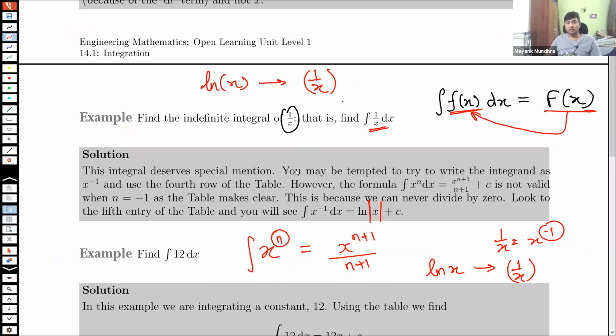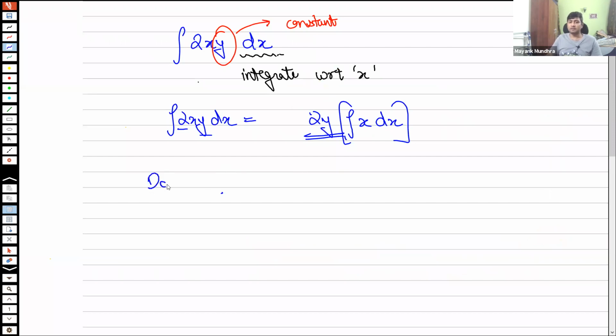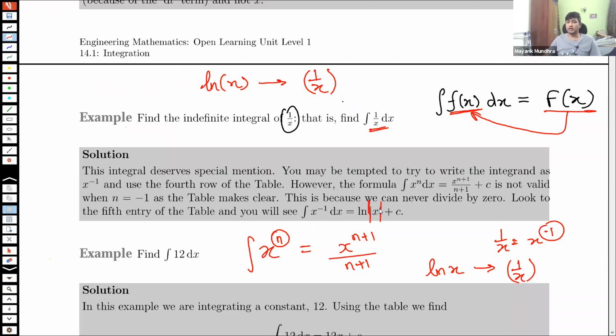Remember from our very first chapter when we were finding domains, I told you that whenever you have log of some function f of x, this f of x needs to be strictly greater than 0. Log cannot take negatives or 0 as an input. So this mod x ensures that the input to the log is always positive.